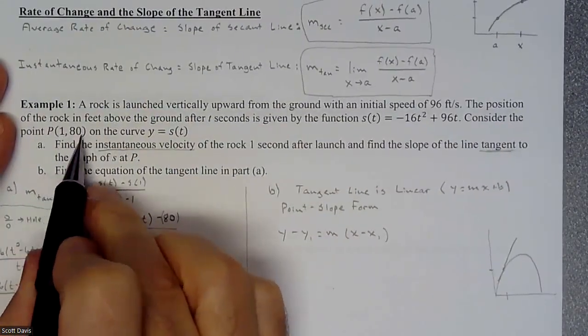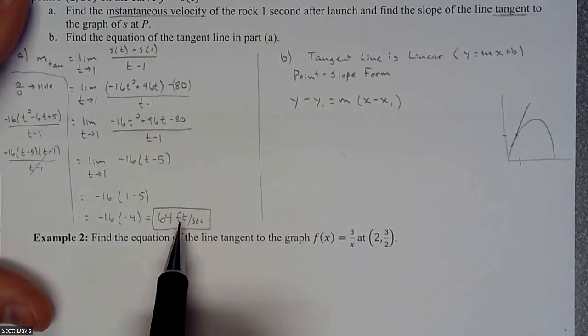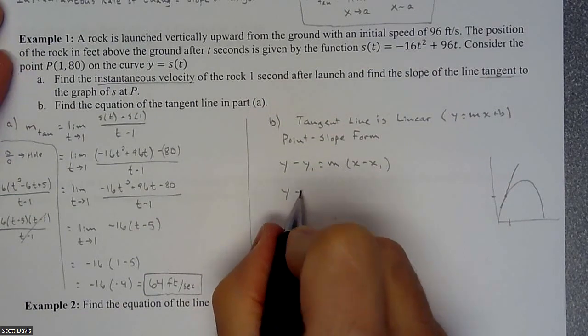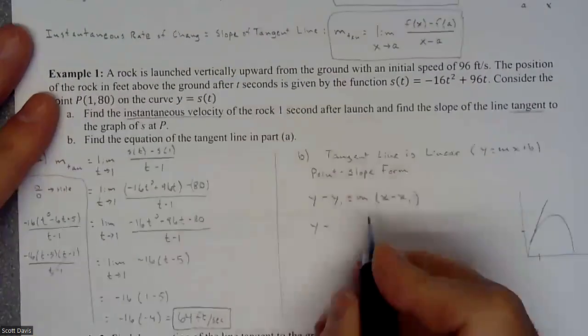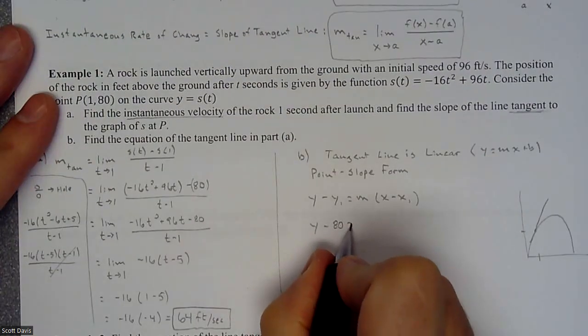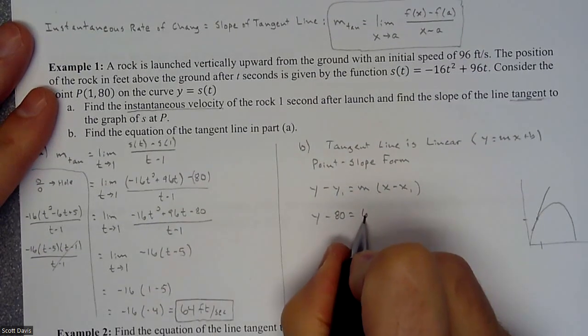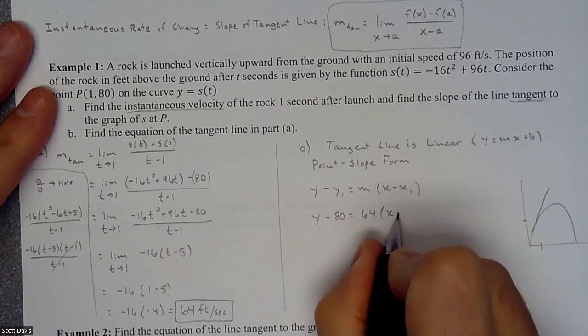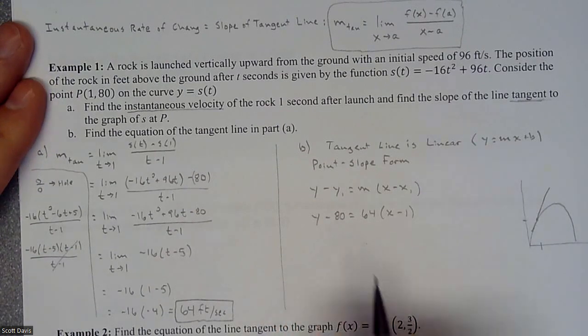Well, we have a point and we just found our slope. So we're going to be doing y minus this y value of 80, equaling this slope of 64, and then x minus 1 for the x value that corresponds with the 80.